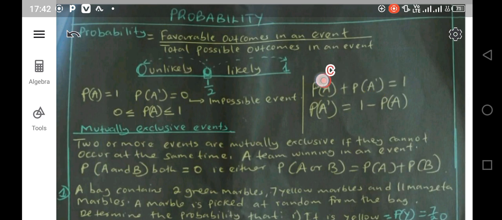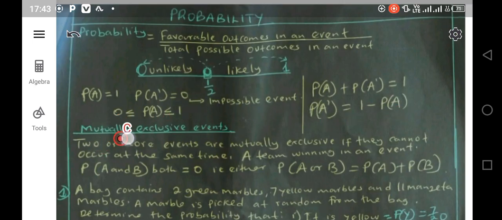If the probability of something happening is 1, and the probability of it not happening at the same time is 0, then 1 plus 0 gives you 1. The probability of something not happening is equal to 1 minus the probability of something happening.